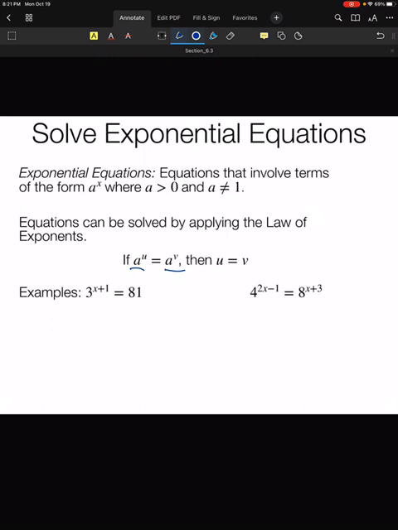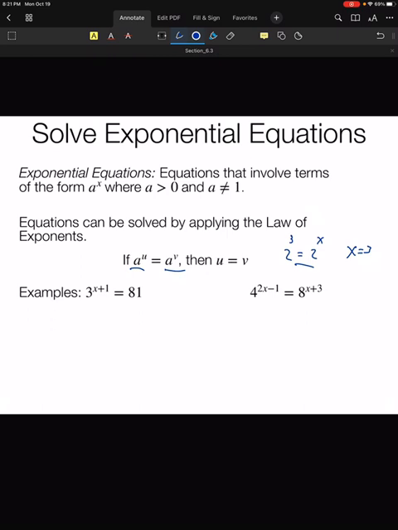Meaning that if I have 2 raised to the third power, and that's equal to 2 raised to the x power, it must be true then that x is 3. That's the only way that can happen. The only way that they're equal is if x is equal to 3. And so we're going to use that here to our advantage.